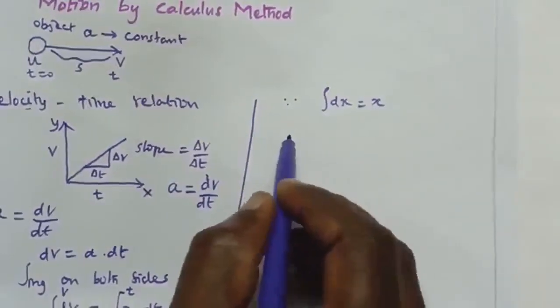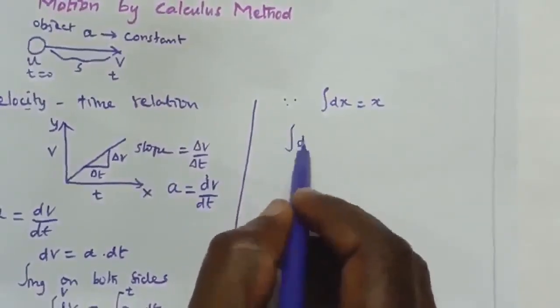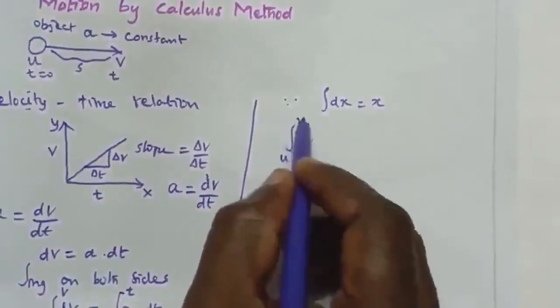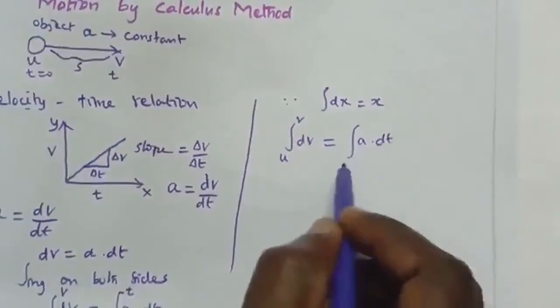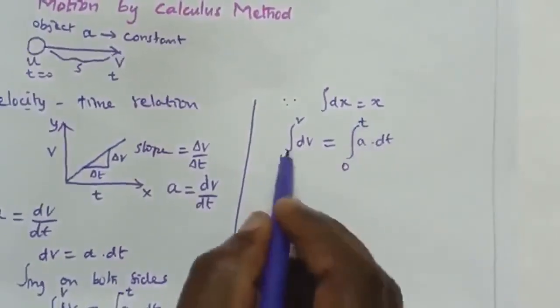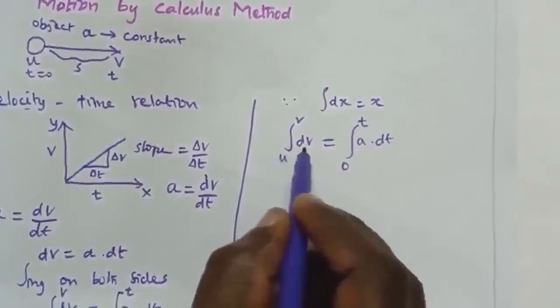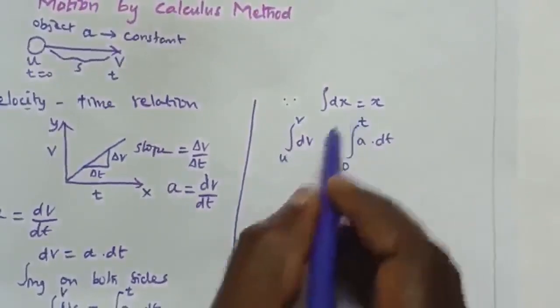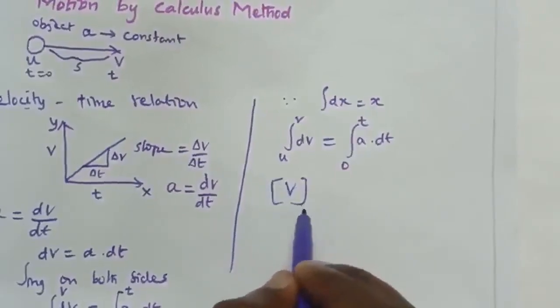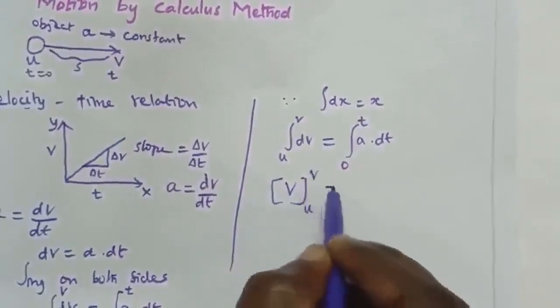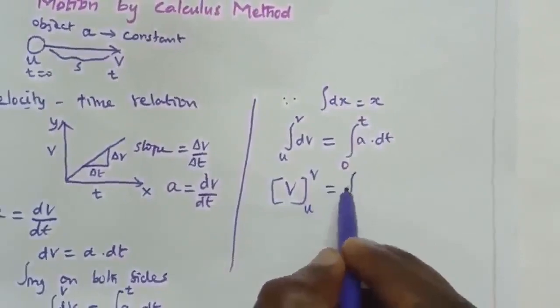So the integral of dv from u to v is equal to the integral of a dt from 0 to t. The integral of dv is v, from initial velocity to final velocity, and a is constant.